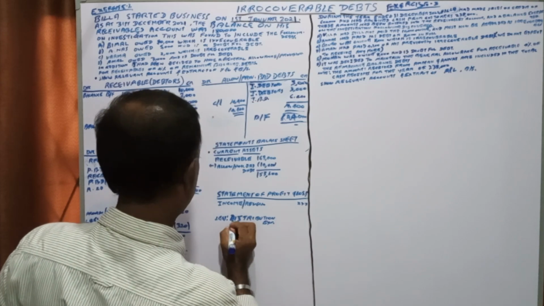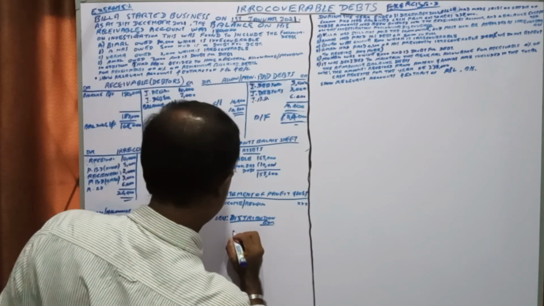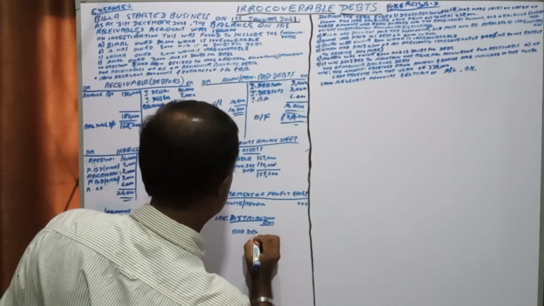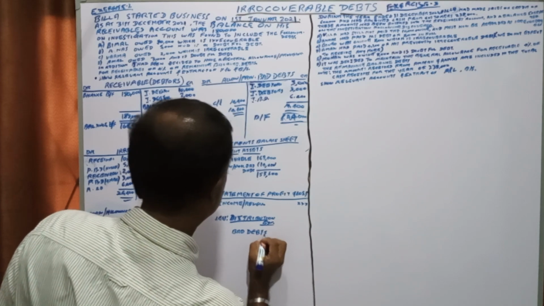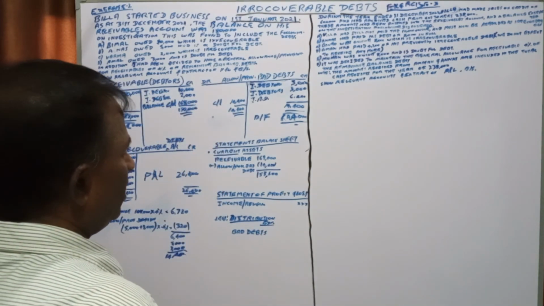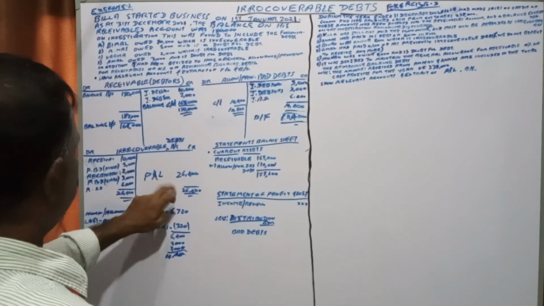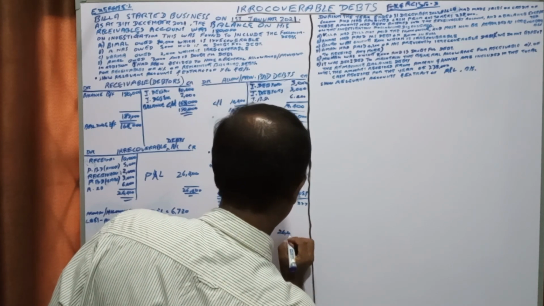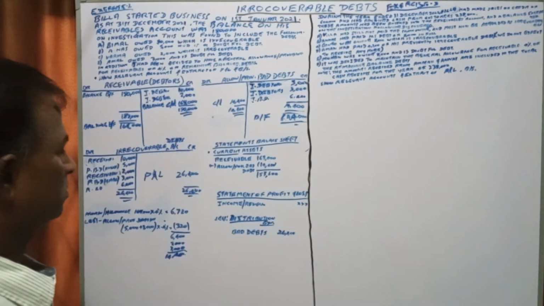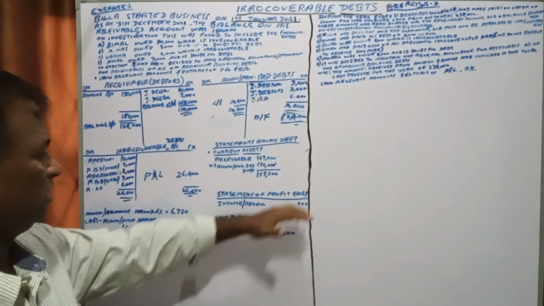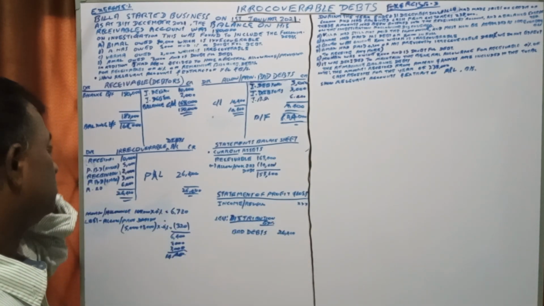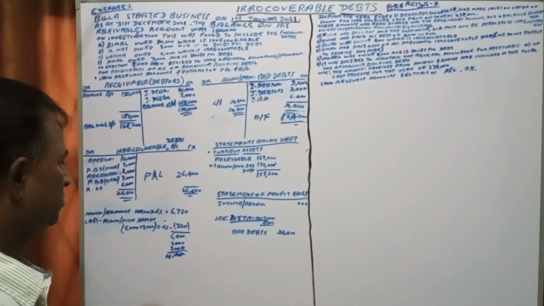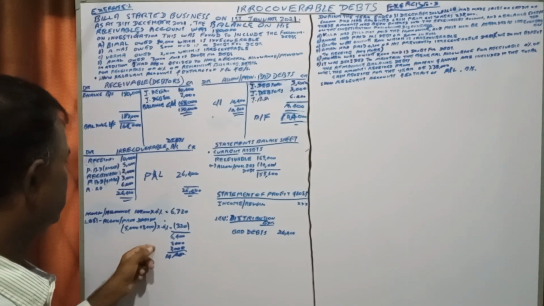It is shown as bad debts. We are showing the bad debts, 26,400. From the income we have to deduct these bad debts, 26,400. Understood? Have you understood how we calculate this one?